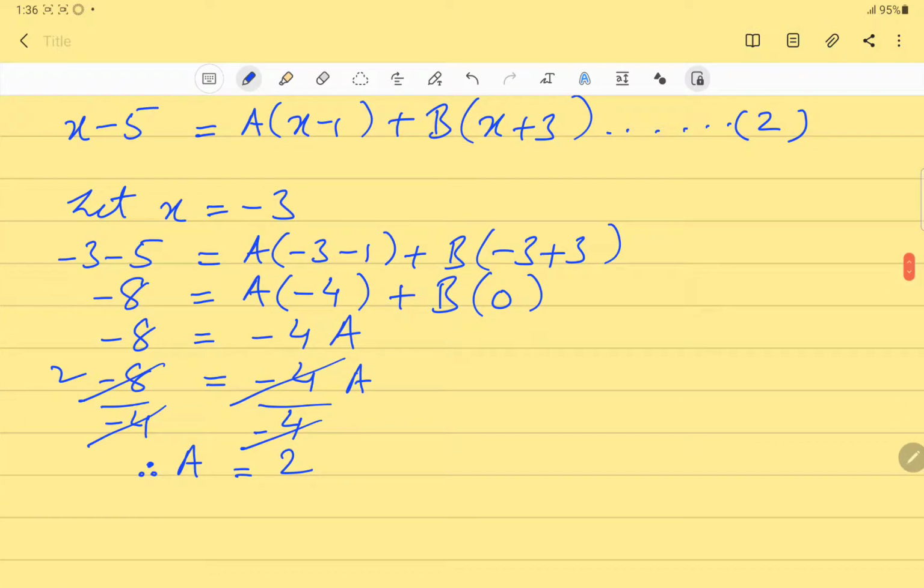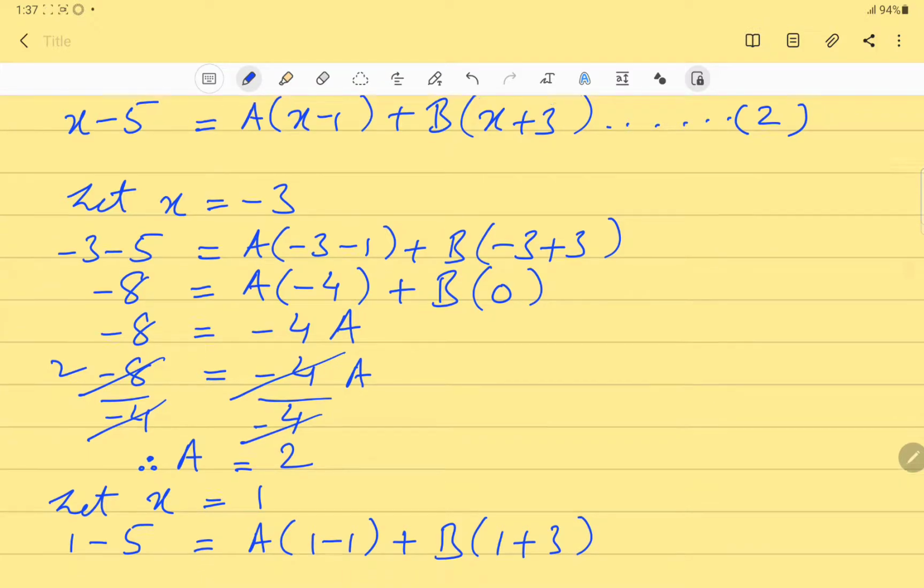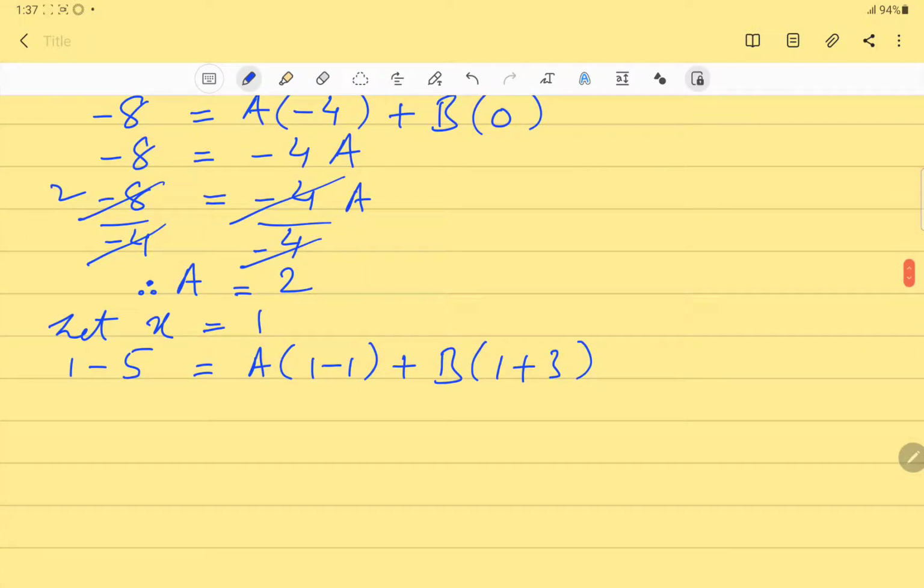Then we will assume x is equal to 1. In that case, the equation will look like 1 minus 5 is equal to a into 1 minus 1 plus b into 1 plus 3. 1 minus 5 is minus 4.